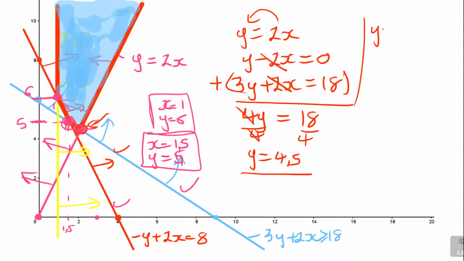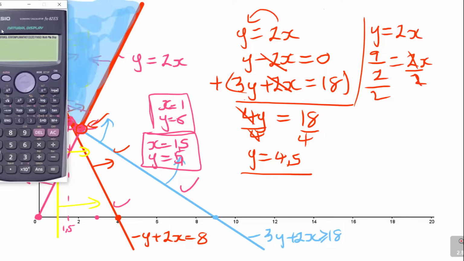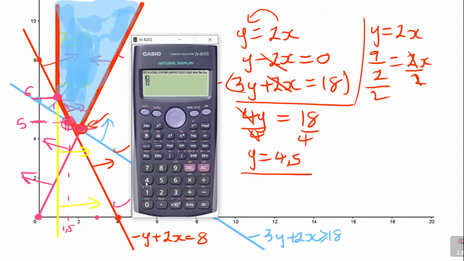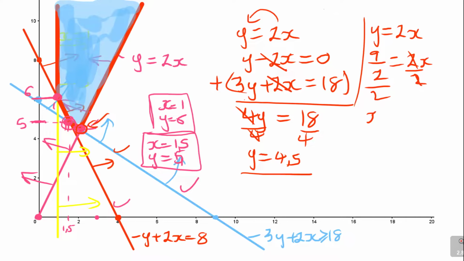Remember y is equal to 2x, but I know my y is 9 over 2, is equal to 2x, right? And then I divide by 2, divide by 2, so it's more like 4,5 divided by 2. It's 4,5 over 2, which is what? 2,25. X is equal to 2,25.